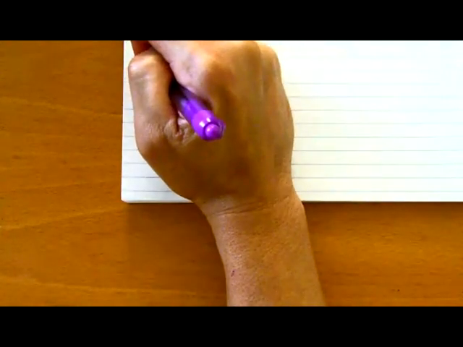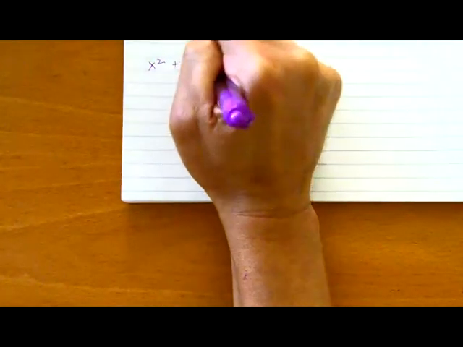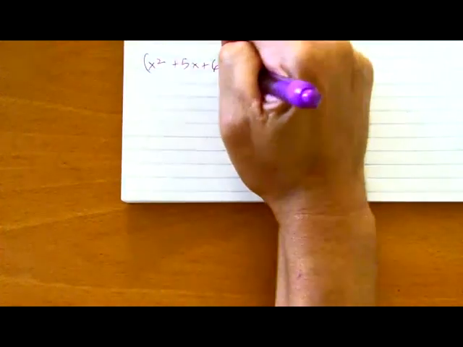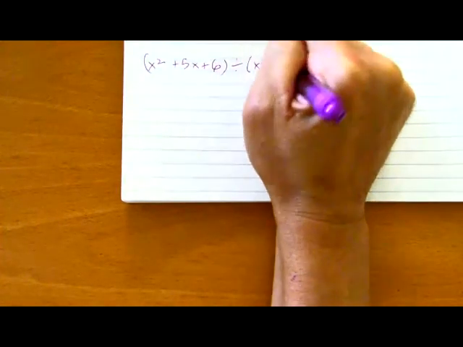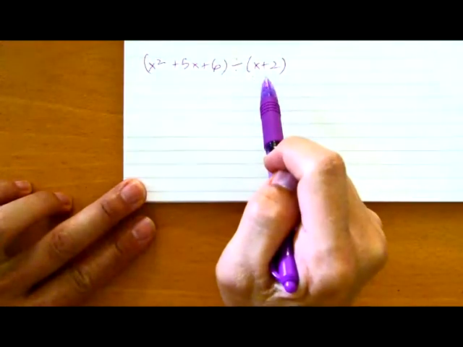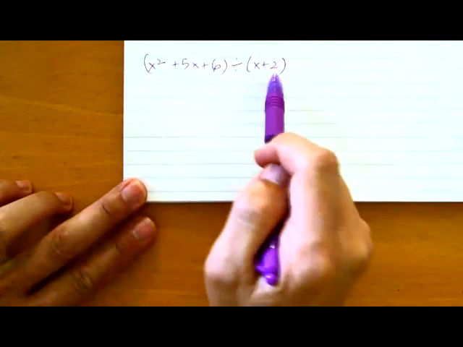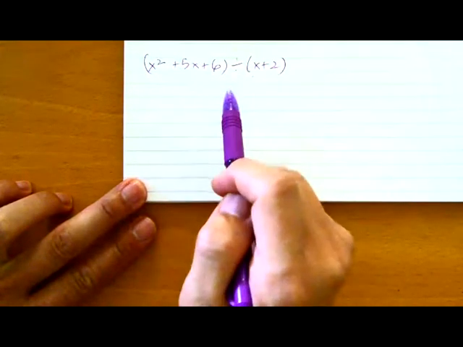You're going to see x squared plus 5x plus 6, that polynomial divided by x plus 2. Okay, so it's not quite the same. There are 2 terms here involved. You cannot separate them. It's not going to simplify because you have 2 terms. So we're going to have to do long division.